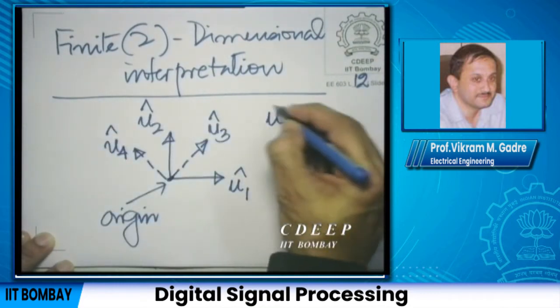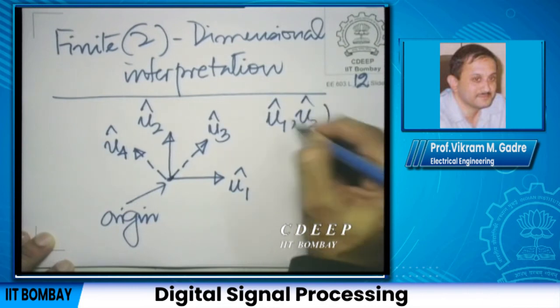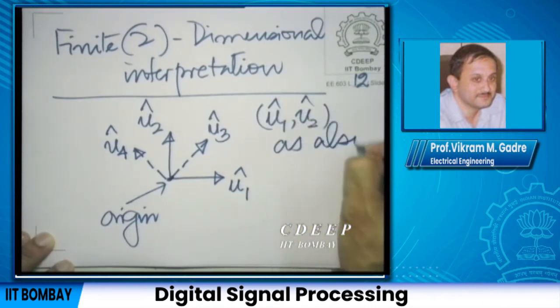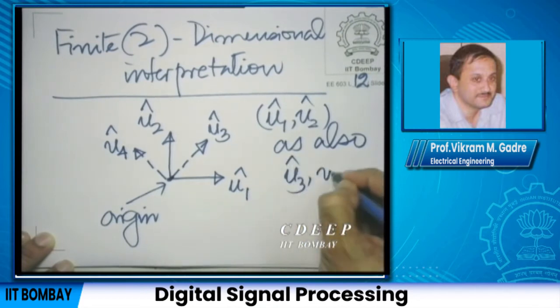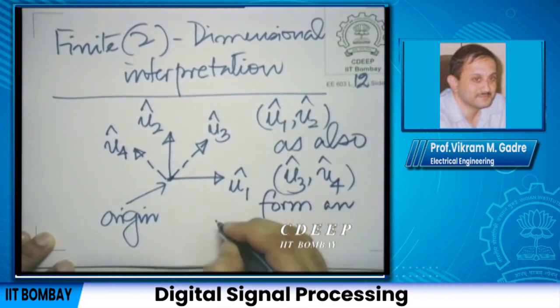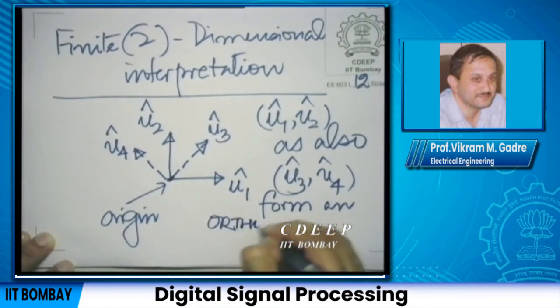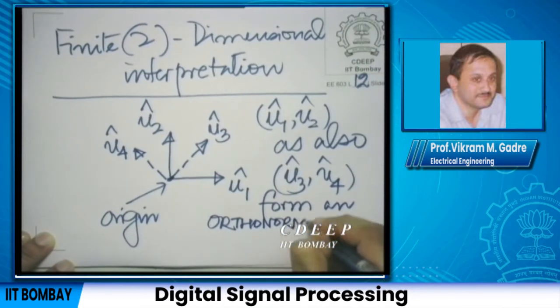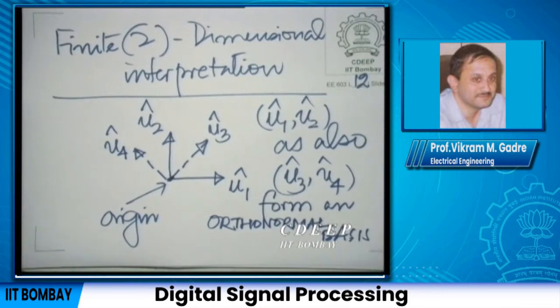It is very clear, of course, that u1 cap, u2 cap as also u3 cap, u4 cap form an orthonormal basis. What is an orthonormal basis? An orthonormal basis is a collection of vectors from that space which are mutually perpendicular.